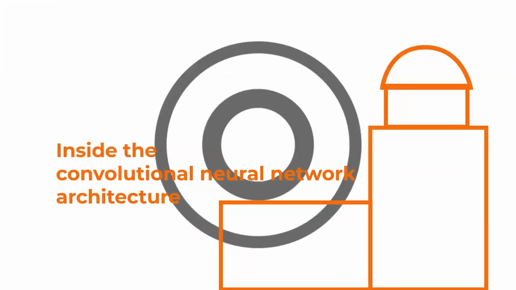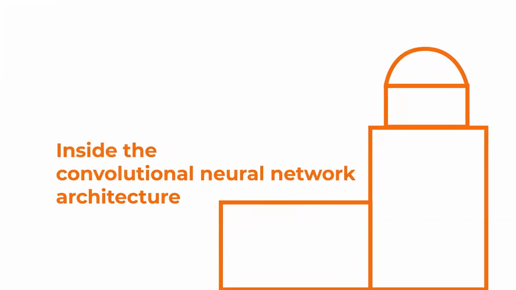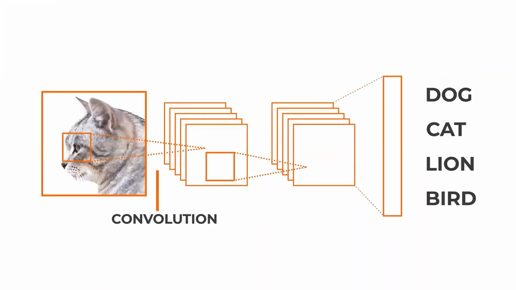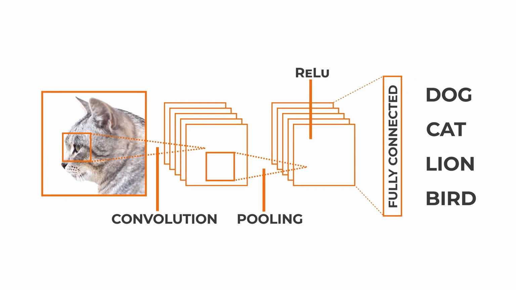Let's look now at what's inside a convolutional neural network. Like a normal neural network, a convolutional neural network is made up of multiple layers. There are a couple of layers that make it unique: the convolutional layer and the pooling layer. However, like other neural networks, it will also have a ReLU, or rectified linear unit layer, and a fully connected layer.